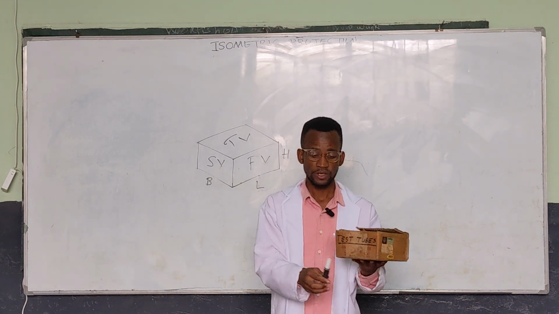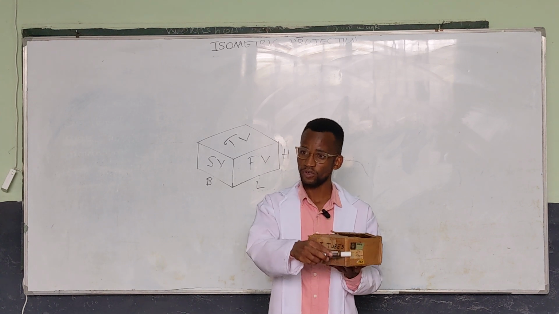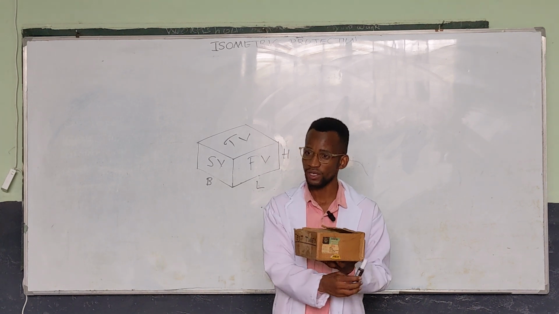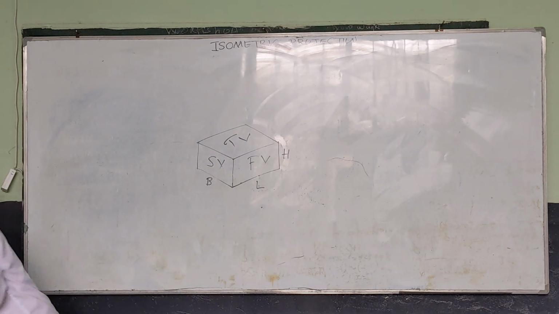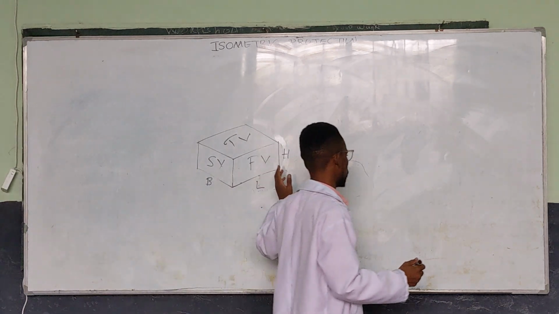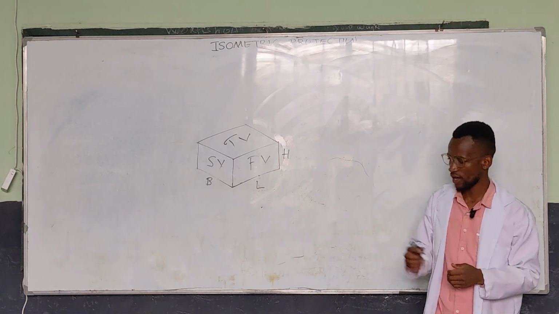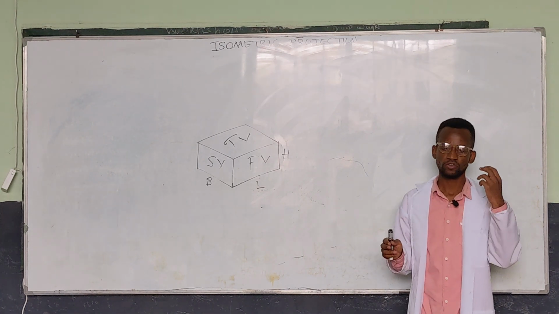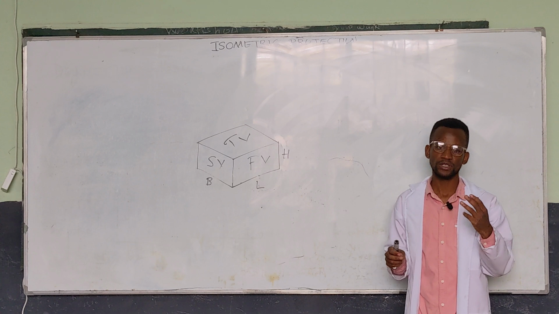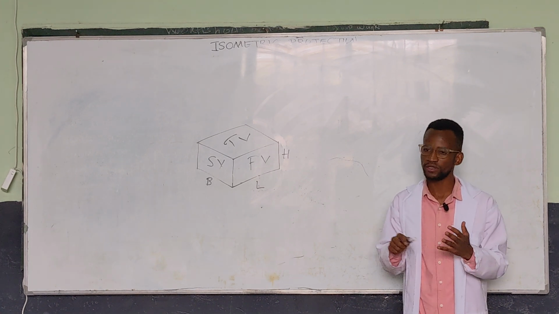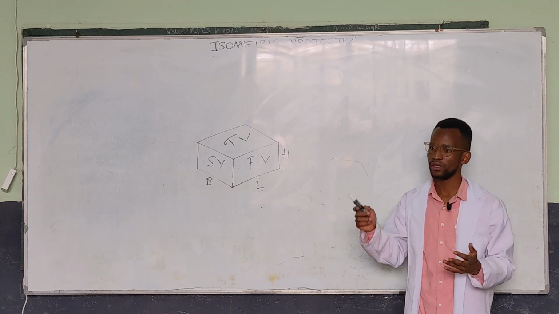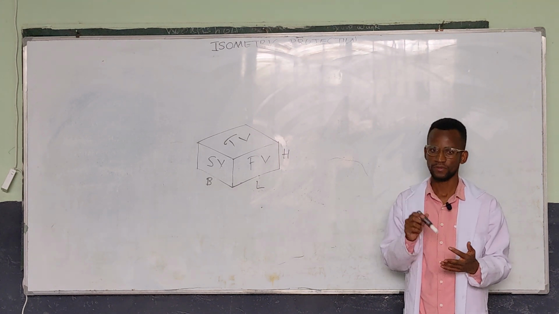Because one axis will represent the length, the other one the height, and the other one the width. So we need to modify the drawing so that we draw 3 axes that meet at a certain point, one representing the length, one the height, and one the width.